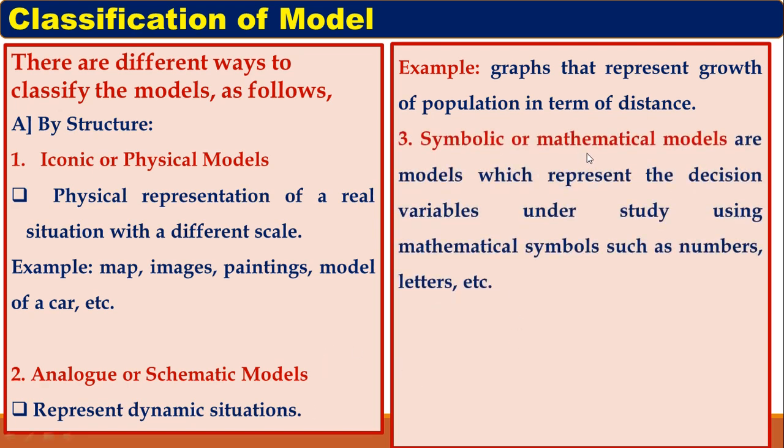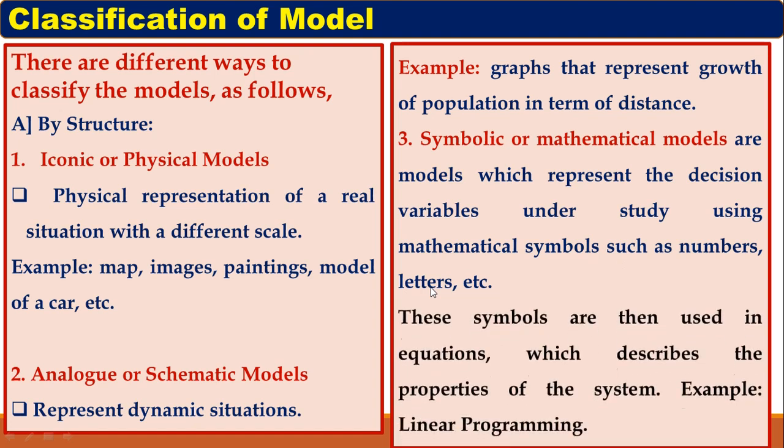Third is the symbolic or mathematical models. These models represent the decision variables under study using mathematical symbols such as numbers and letters. These symbols are then used in equations which describe the properties of the system, for example, linear programming.